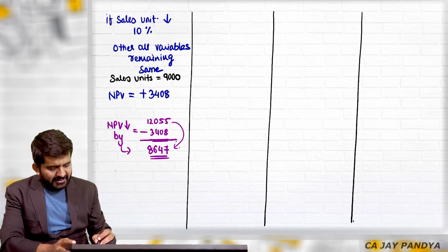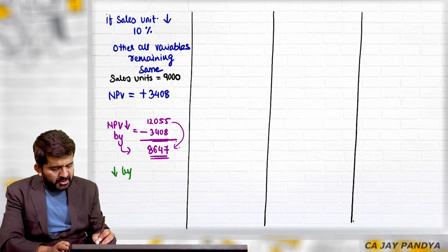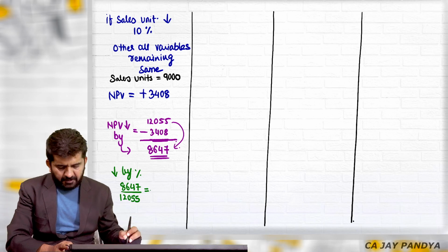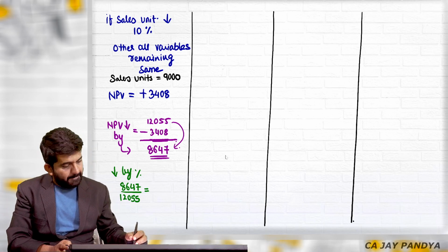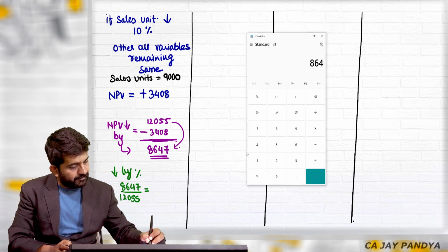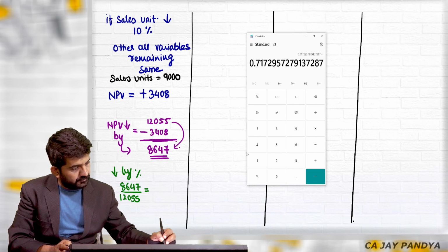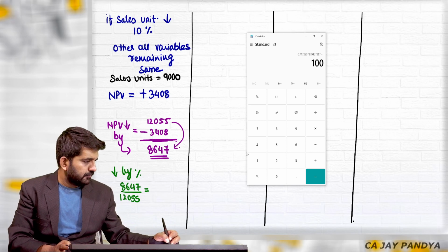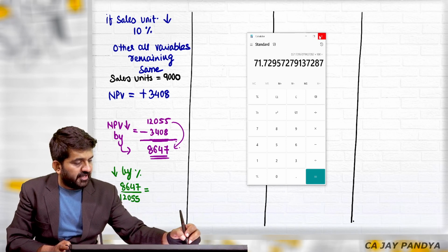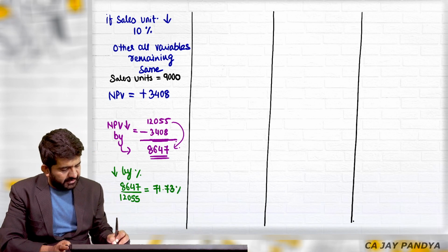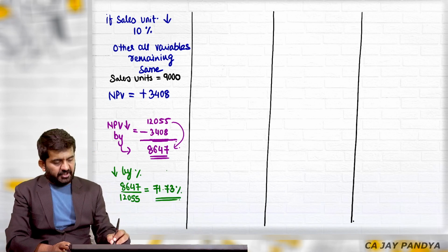So by what percentage has it decreased? It is 8647 upon 12,055, of course multiplied by 100. That is 71.73%.